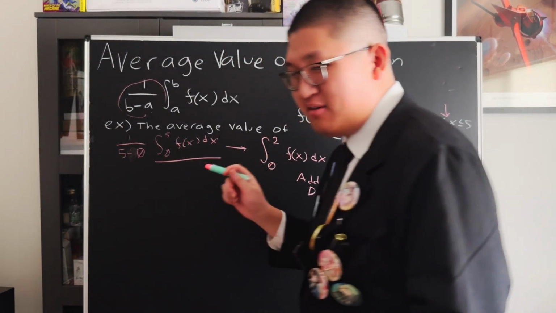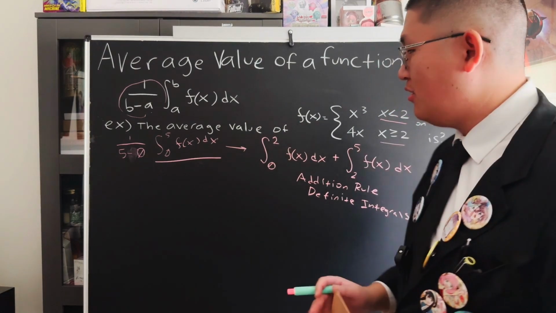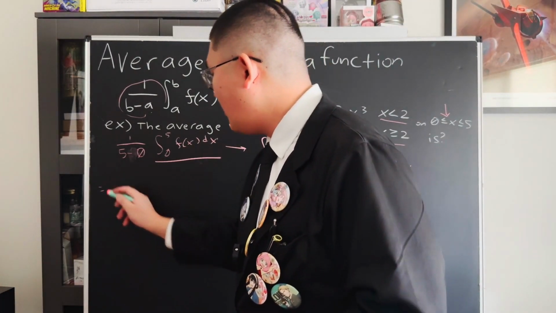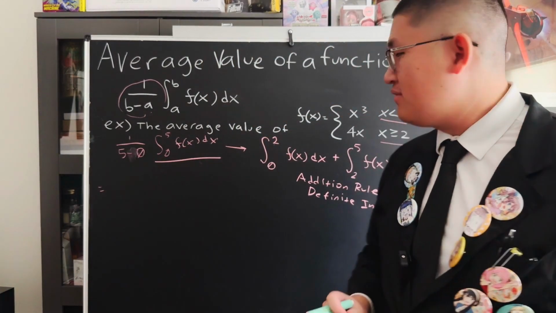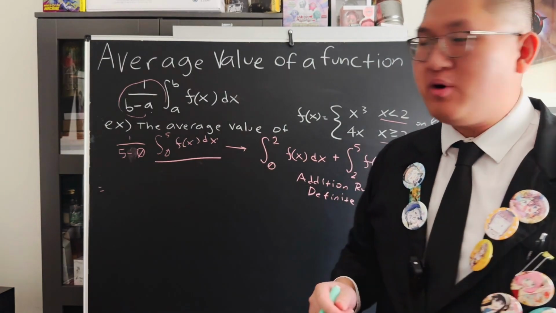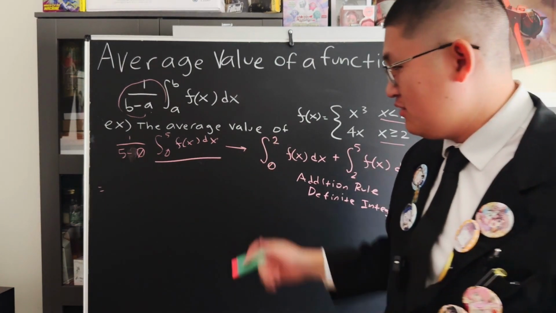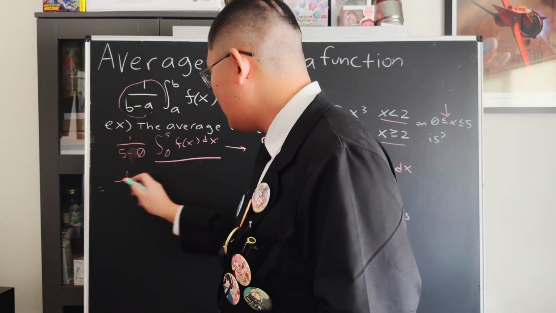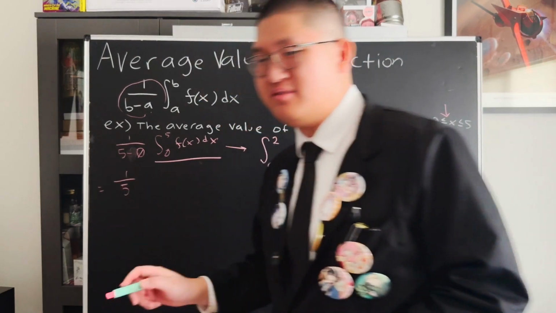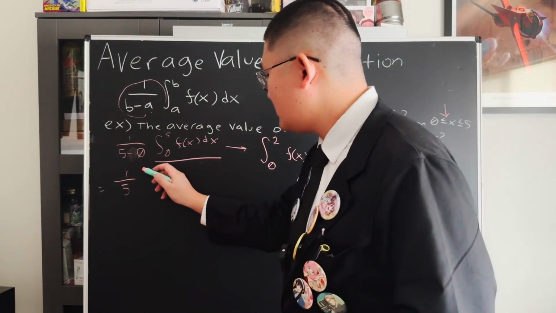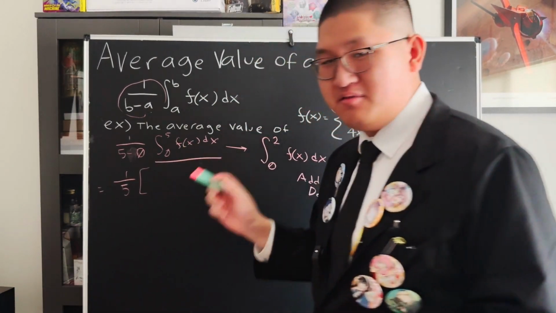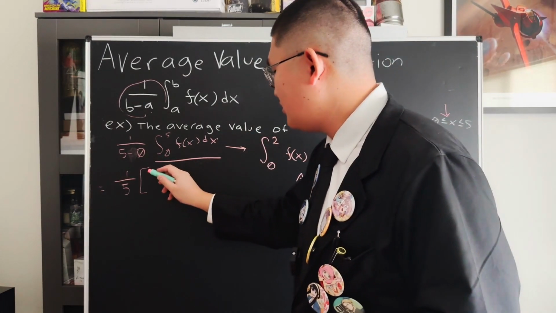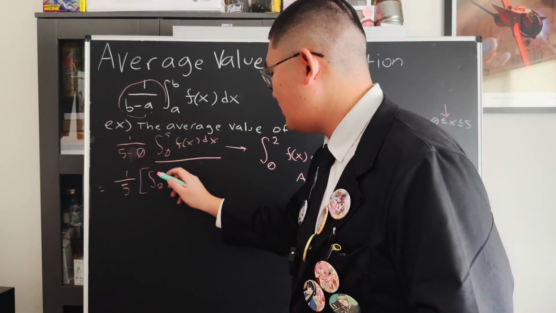So with that written down off to the side as our note, we can then go ahead and start plugging all of that into our equation here for the average value for that function. So let's go with 1 over 5 as the new coefficient waiting for us. And then we have all of this to solve first. That first integral going from 0 to 2.